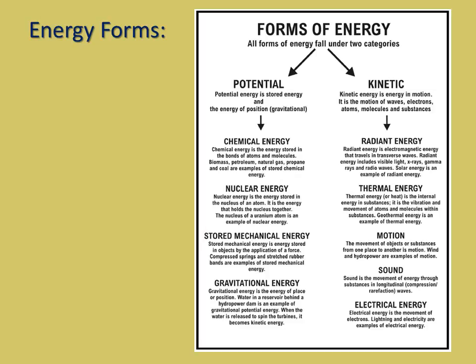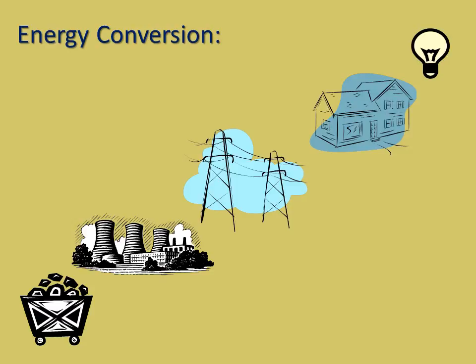So essentially, our energy economy, the devices that we rely upon on a daily basis, take one form of energy and then convert it to another form of energy. And here is a simple example. We have coal, which is a chemical form of energy, and that is burnt in a coal-fired power plant.